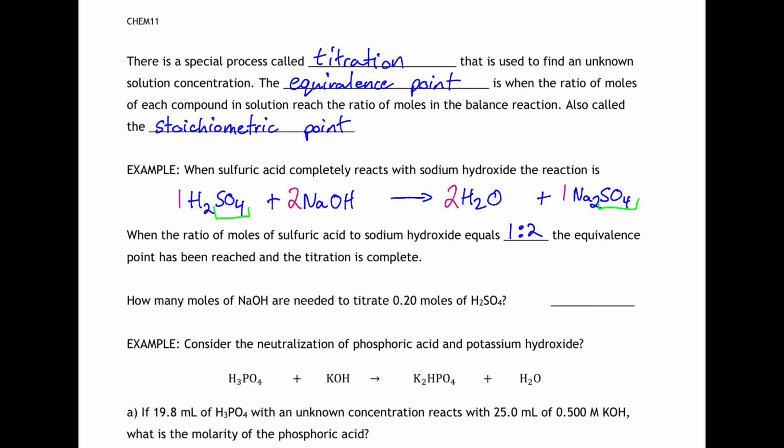Why 4? Because it's 2 to 1. So I need twice as much. So it's going to be 0.40 moles. Twice as much. So here we have 1 of those, 2 of those. That's the idea.